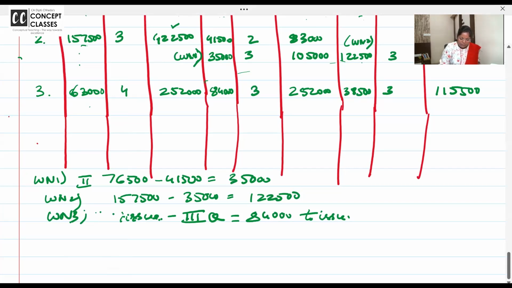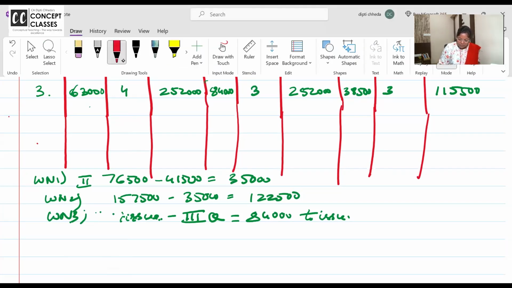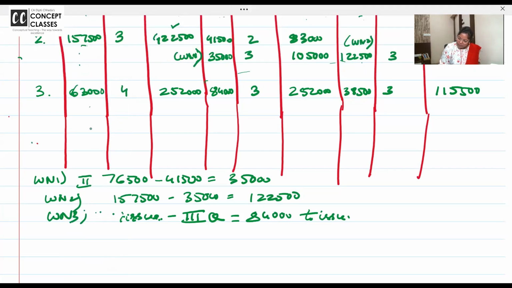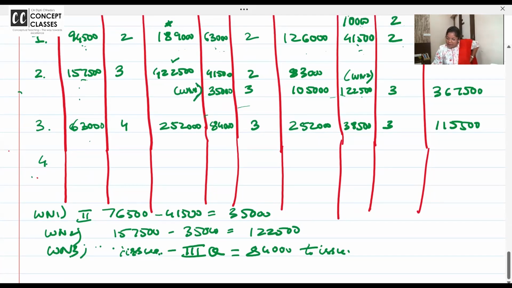Now comes fourth quarter. फोर्थ क्वार्टर में आ जाओ. ओ सॉरी, थर्ड क्वार्टर में 122,500 में से 84,000 इशू कर दिए. अभी भी 38,500 units are there at 3 and 63,000 units are there at 4. If there is no doubt, put all.